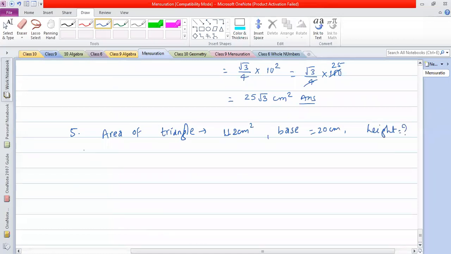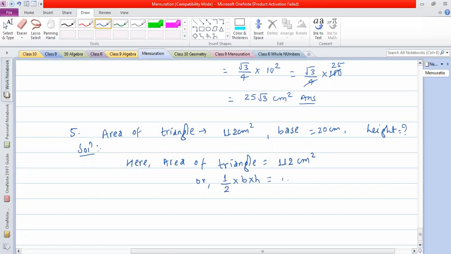Okay, so in the solution here, when area is given, we go from the area. Area of triangle equal to 112 centimeter square, or area of triangle is 1 by 2 into base into height, isn't it?